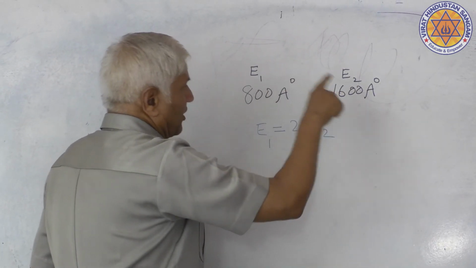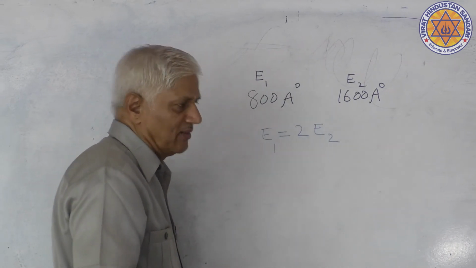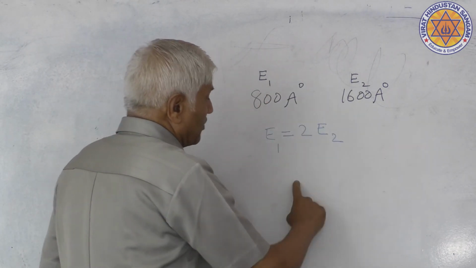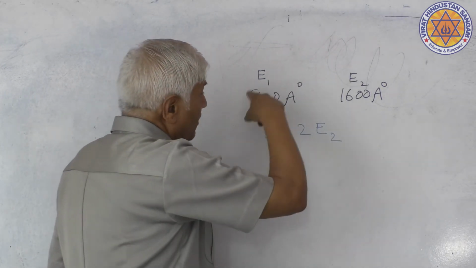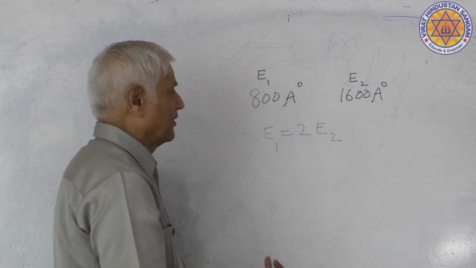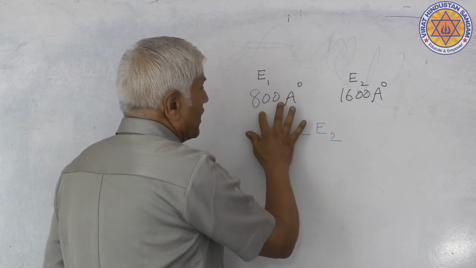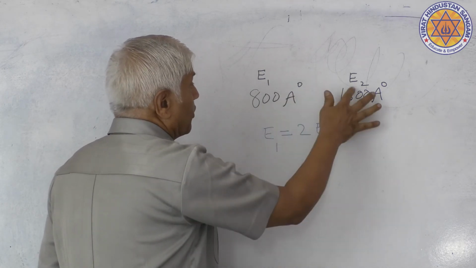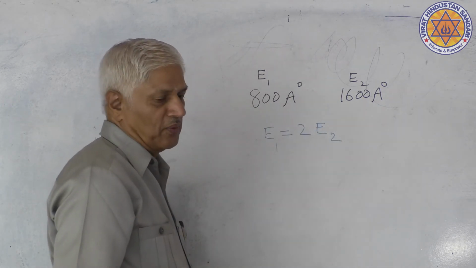Wavelength is doubled, energy is halved. Wavelength is tripled, the energy becomes 1/3, like that. So E2 equals half E1, or E1 equals 2E2.